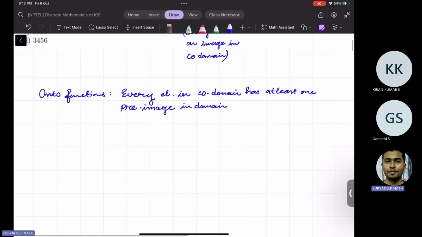Some examples I can show you: let's say you have this, which has an image, and this may be connected like this, and this. This is onto.